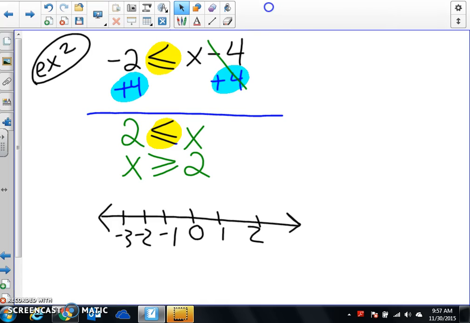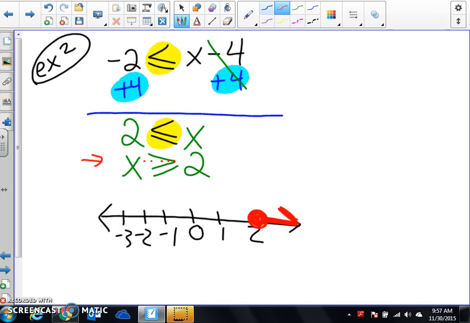All right, I go to 2. It's got that equal sign under there, so it's going to be shaded in. So 2 shaded in. And since my variable's on the left, I can go ahead and follow the arrow.